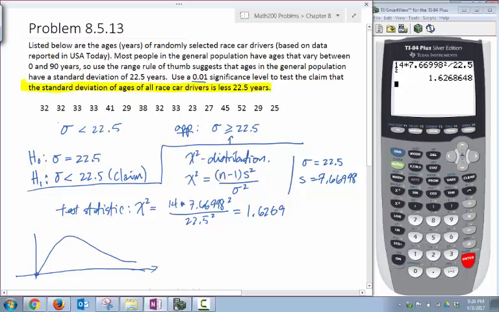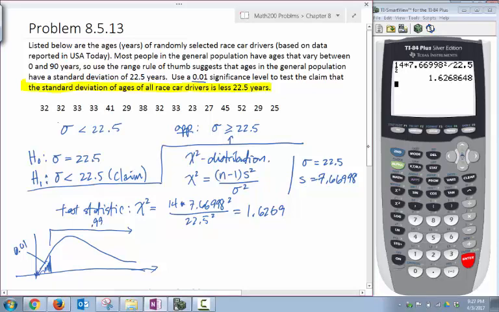This less than sign says it's going to be a left-tail test. So this is a 1% significance level, which means the area to the right is 99%, 0.99.